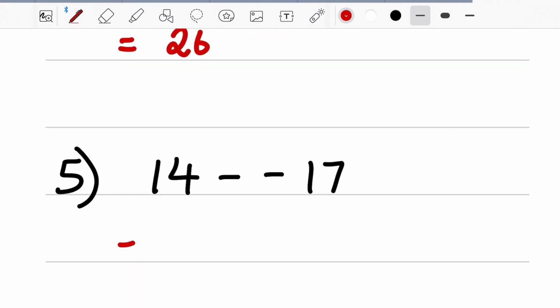For question 5, we have 14 minus minus 17. The signs in the middle are the same, so it simplifies to a plus sign. And we have 14 plus 17, which is 31.